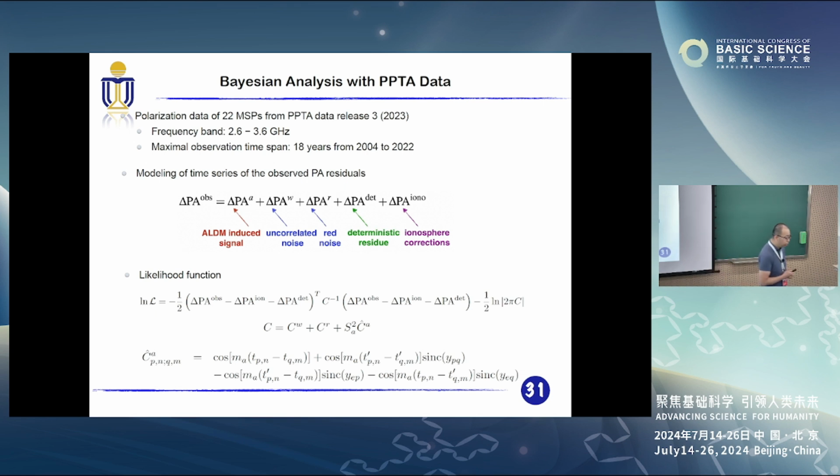With such modeling, we perform a Bayesian analysis using the likelihood shown here. The last formula is the covariance matrix element, which is contributed by the signal. It is exactly this element that defines the temporal and spatial correlation pattern for the signals.